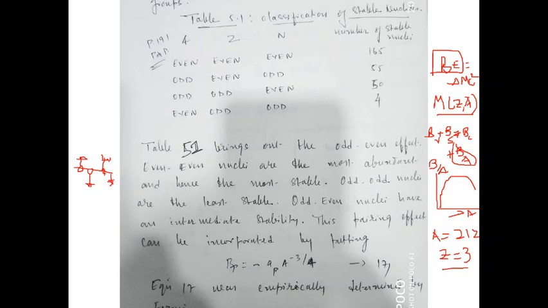And you know that in a nucleus there is neutron excess. So when you're talking about neutron excess, the neutrons are going to be packed in the higher energy levels. Now, just as in an atom, the electrons which are in the higher energy level are less bound, or they can easily be removed. So if the neutrons are at higher energy levels, that reduces the binding energy. That results in reduction of the binding energy. And we had introduced all that term, and I had discussed it in the previous lecture.